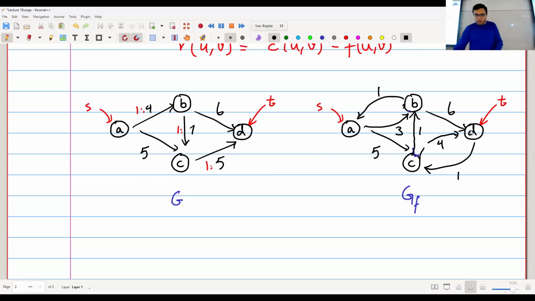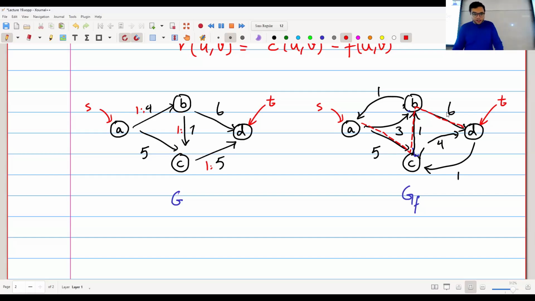Okay, so I find another path. Let's say this time I'm starting here, so let's say I find this path. And I see that the minimum of the values here is the minimum of 5, 1 and 6, so I can send 1 unit of flow here.